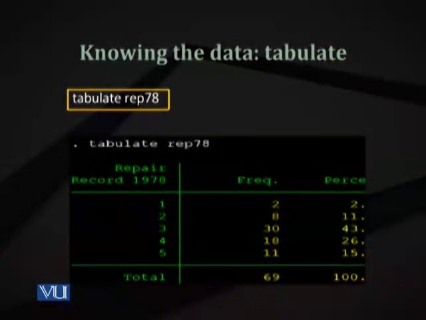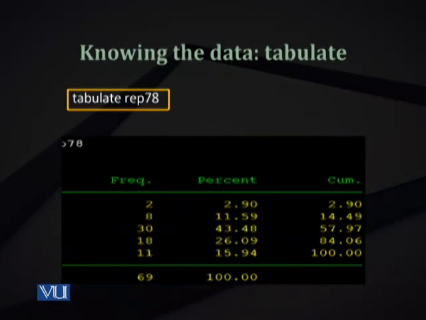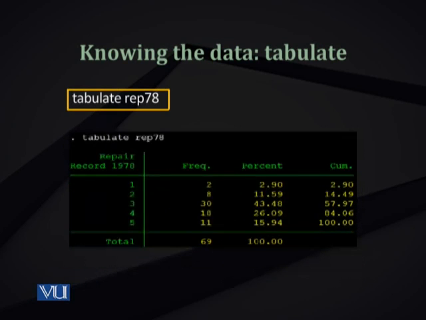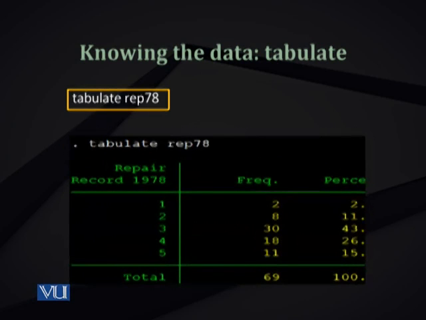In this result that you are seeing, you actually have the frequency table and the percentages, cumulative frequencies, and cumulative percentages. The total of percentage must be 100, which is obvious. At a glance you can see that the values that rep78 may assume range from 1 to 5, and as we previously saw, they are whole numbers.